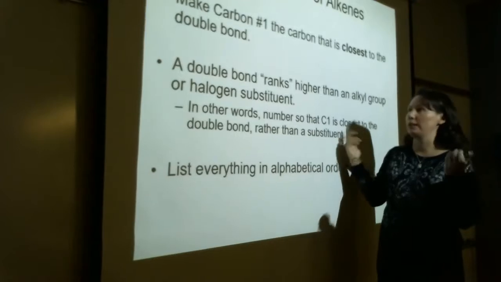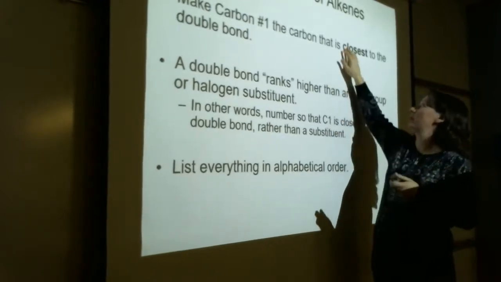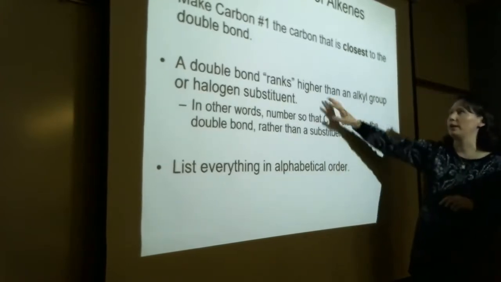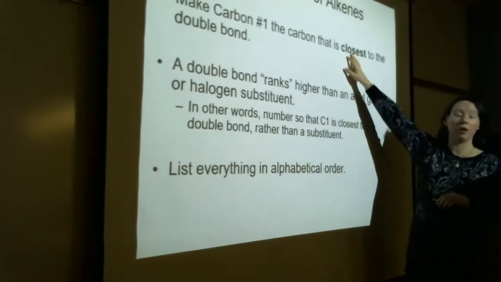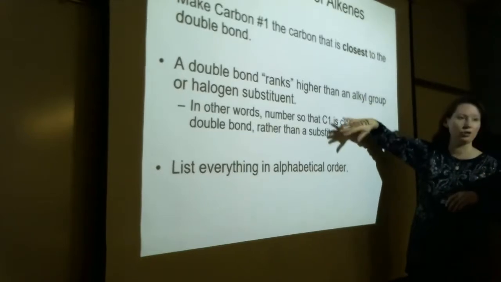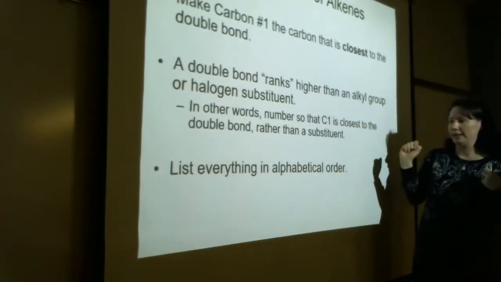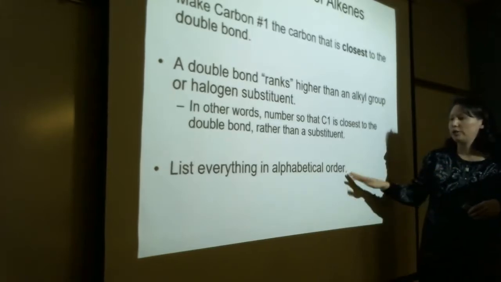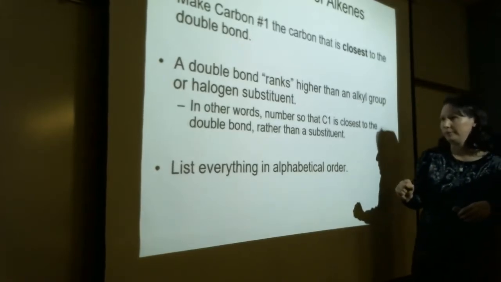Who am I going to count to give priority to? I'm going to count to the double bond over the substituent. So you always want to give the double bond the lowest number, and then any substituents, we'll worry about them secondary. And then just like everything else we've done so far, substituents go in alphabetical order.